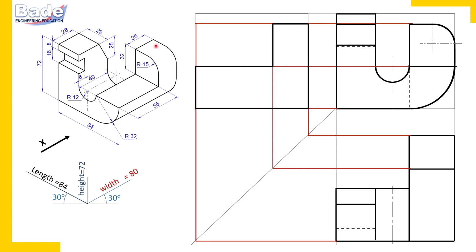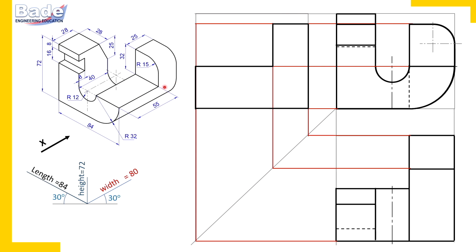This is the shape. You can think in this manner also. We can imagine this portion as a different portion, so its shape appears in the front view. In the top view it is a rectangle, and in the side view also it is a rectangle. Only this portion, if you think about it: front view shape, remaining two views rectangle.